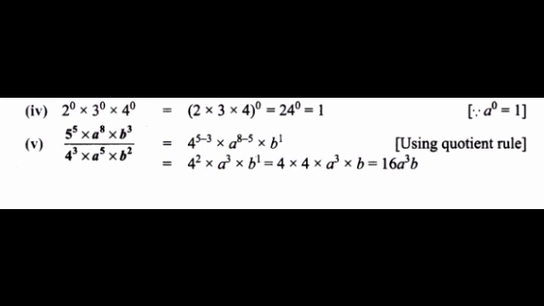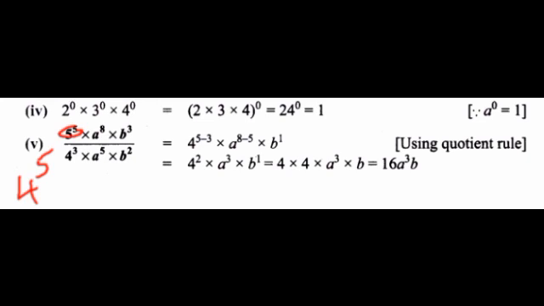Question number 5. 4^5 into a^8 into b^3 divided by 4^3 into a^5 into b^2. Using the quotient rule, we can subtract the powers of 4, powers of a and powers of b. 4^(5 minus 3) into a^(8 minus 5) into b^(3 minus 2).